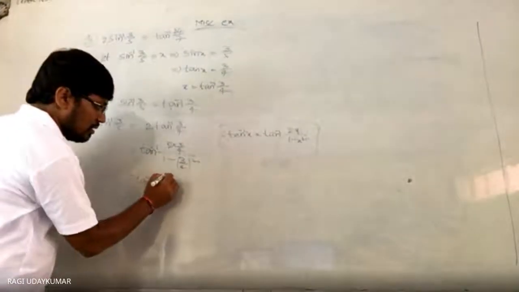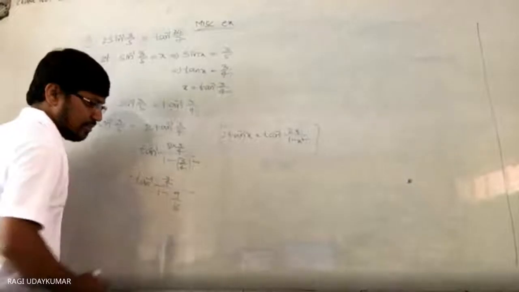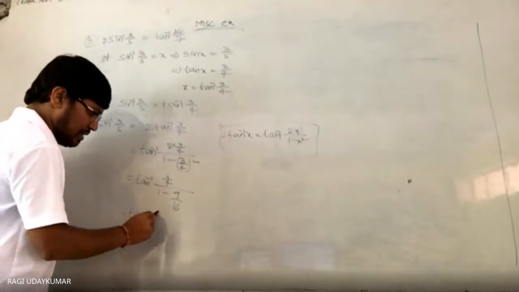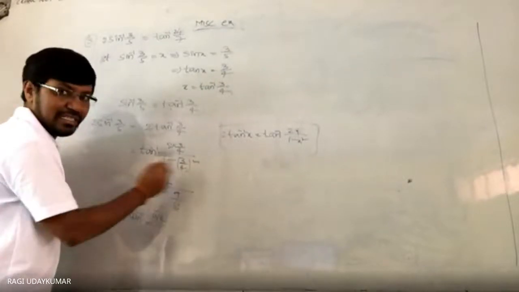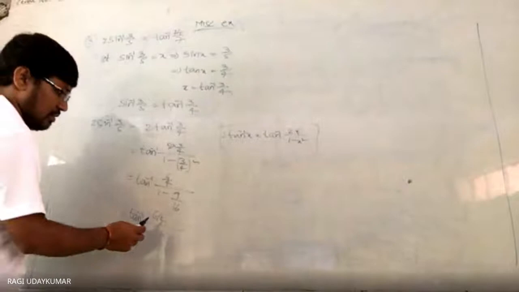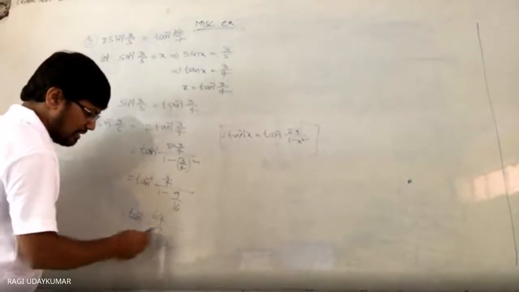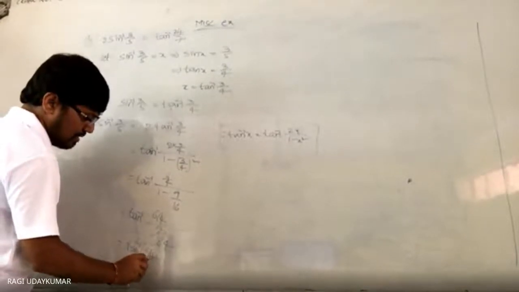So tan inverse of 6 by 4 by 1 minus 9 by 16, which is equal to tan inverse of 6 by 4 by 16 minus 9, 16 minus 9 is 7, 7 by 16. So 4 into 4, 24 by 7. So tan inverse of 24 by 7.